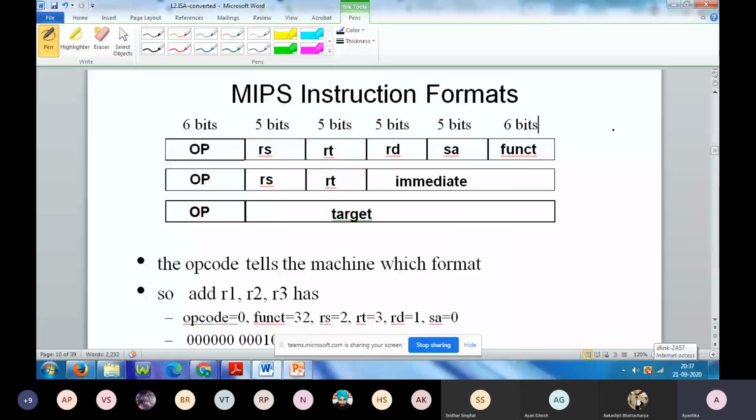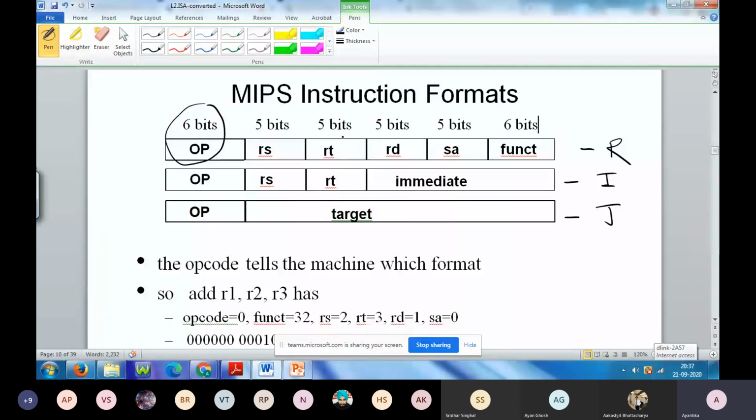So we consider this the R type of instruction. This is the I type of instruction. This is the J type of instruction. What does it mean? This is the register type of instruction, where the opcode gives you the idea of what operation you have to do.